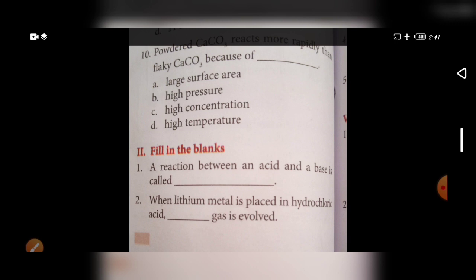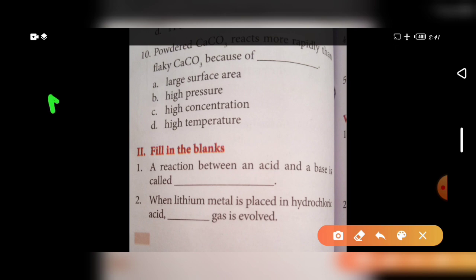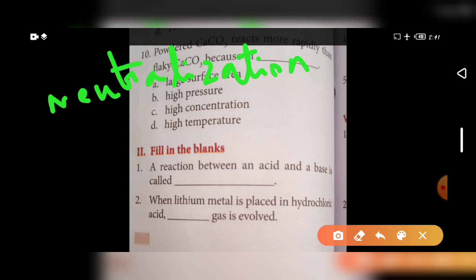So the first answer is neutralization. Okay, this is the first question of fill in the blanks.